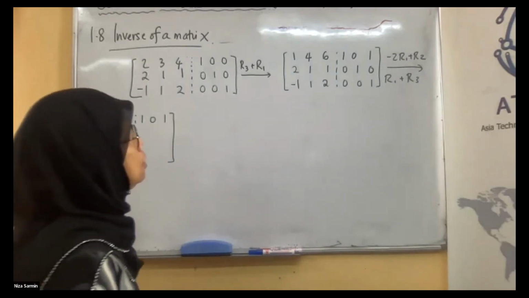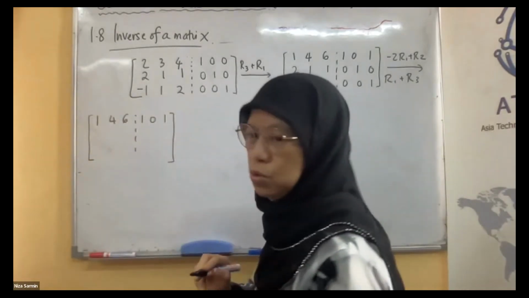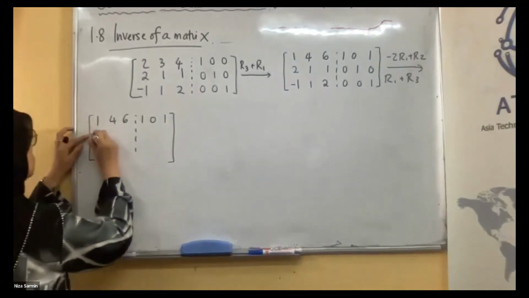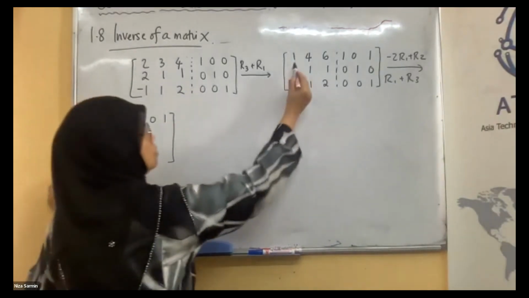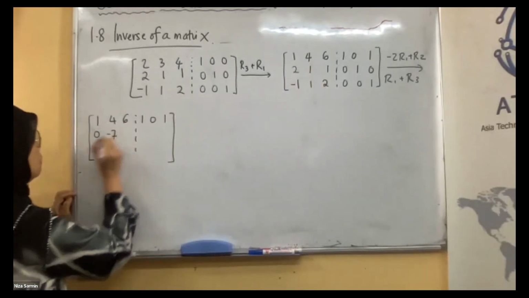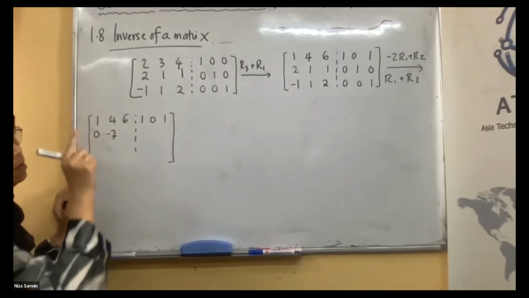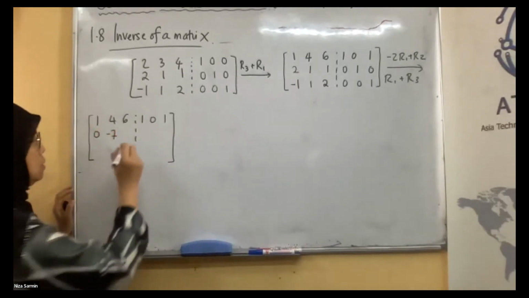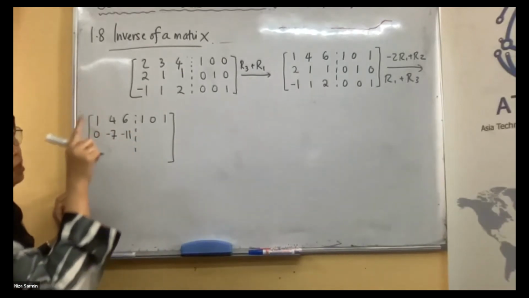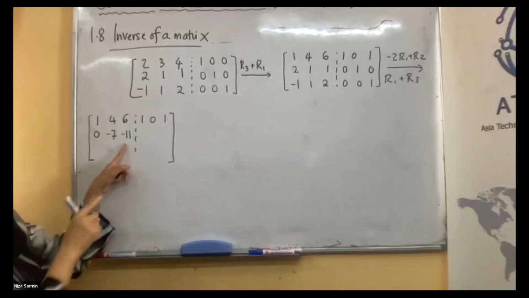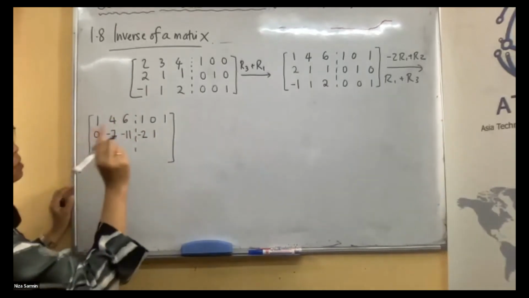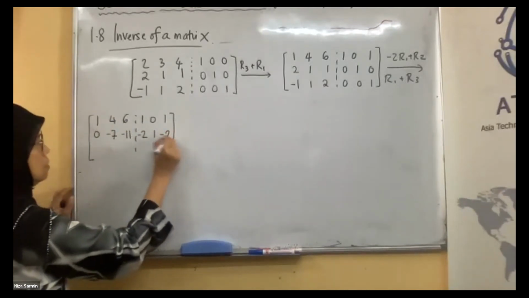So -2 row 1 plus row 2: -2, 0, -8 plus 1, -7, -12 plus 1, and so on, -2 and add across each entry.